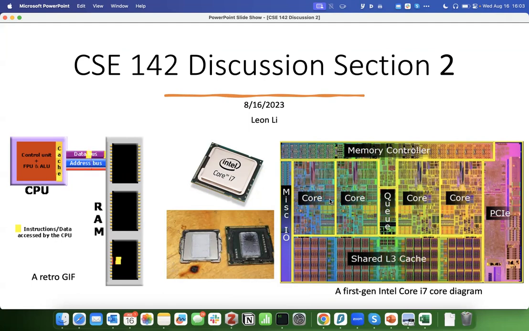And at this level, the distance matters, whether it's 1 millimeter away from the core or 5 millimeter away or 1 inch away, they do make an impact on latency. And that's the reason why L1 sits just next to the core, around the center of the core, L2 at the corner of the core, and L3 is allocated so that it's pretty much adjacent to any of the cores. So the layout is also laid out considering the cache latency.